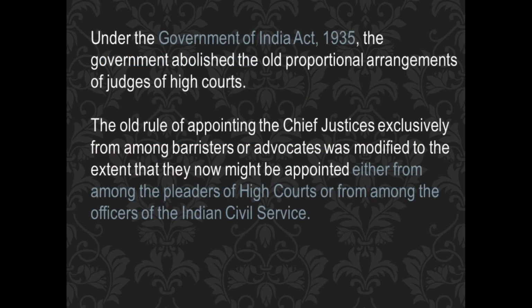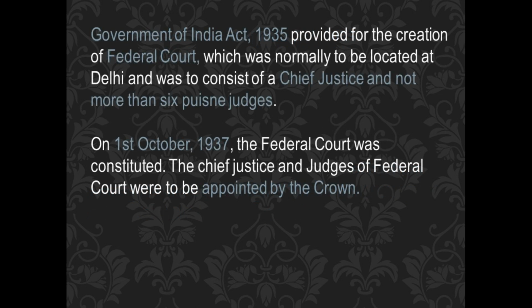Under the Government of India Act 1935, the government abolished the old proportional arrangements of judges of high courts. The old rule of appointing chief justices exclusively from among barristers or advocates was modified, so that they might now be appointed either from among the pleaders of the high courts or from among officers of the Indian Civil Service.